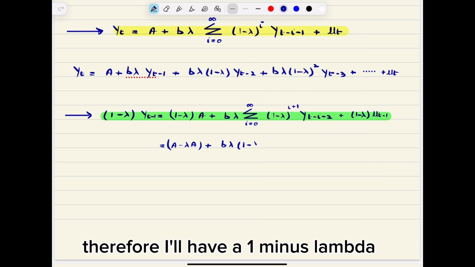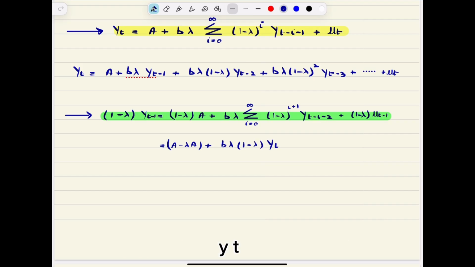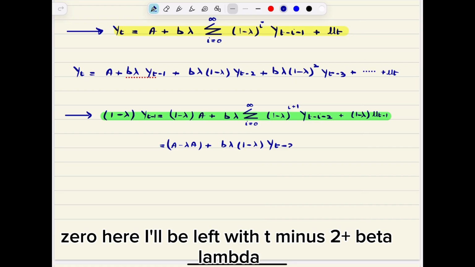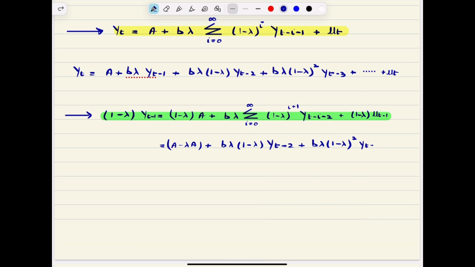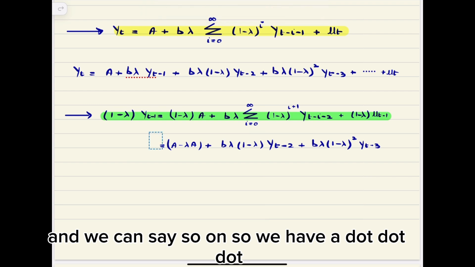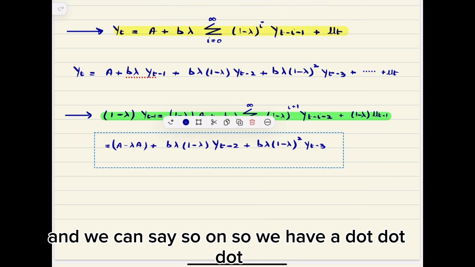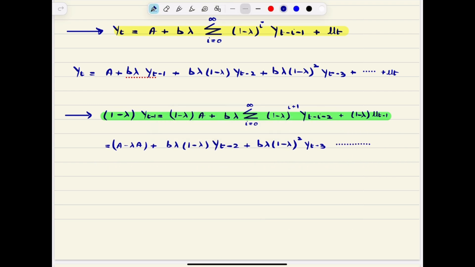Therefore, I'll have (1 minus lambda) y_{t-2} plus beta lambda (1 minus lambda) power 2 and y_{t-3}, and we can say so on. So we have dot dot dot and then our error term.